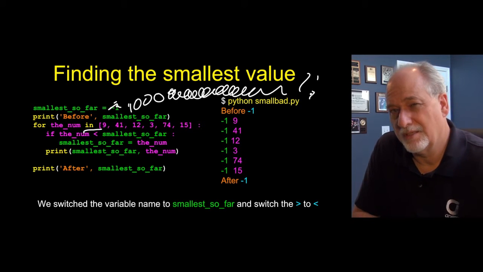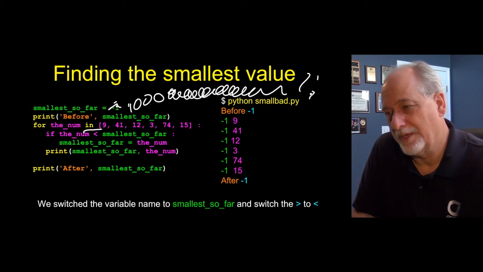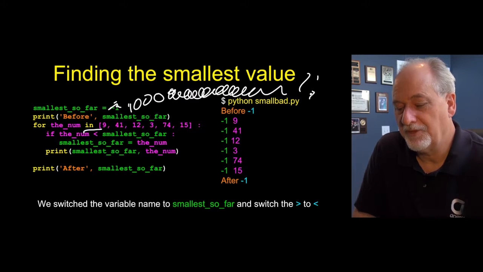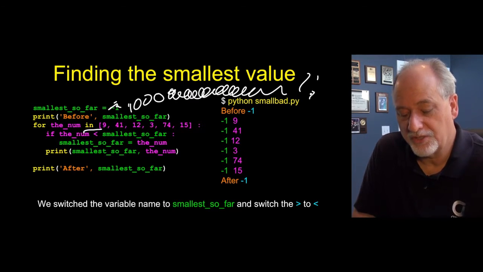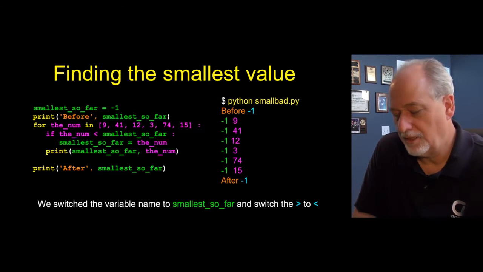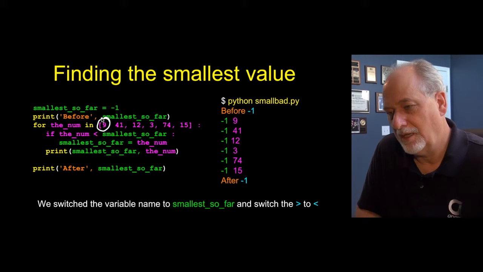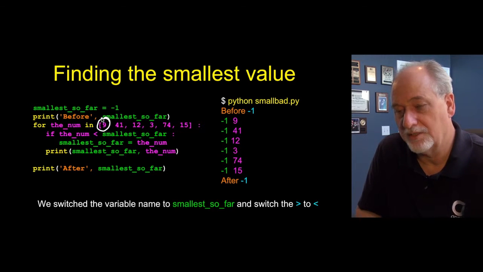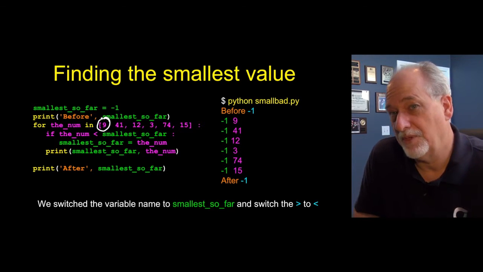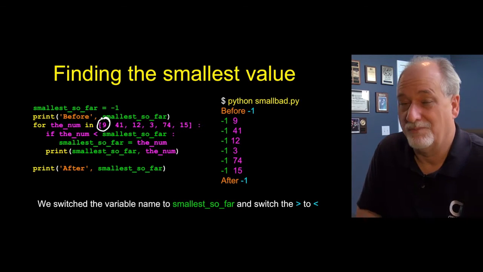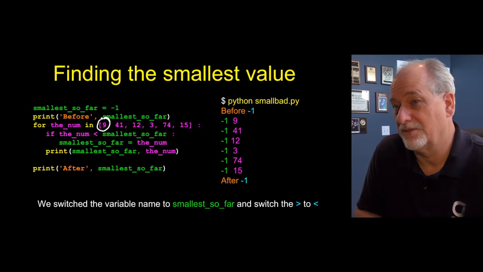And the answer is we're kind of solving this problem the wrong way. The thing we really want to do is to just accept the fact that if we're looking for the smallest number so far, the right hypothesis is the first number. If we just knew what that first number was, the 9, we know that it's both the largest so far and the smallest so far as soon as you see the first number.